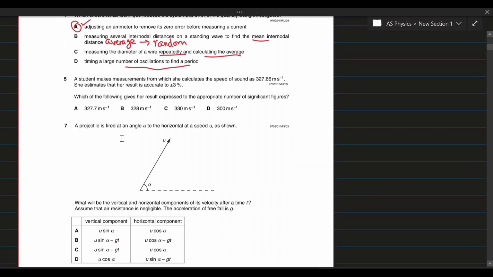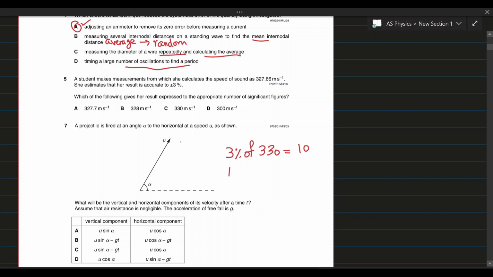A student makes measurements from which she calculates the speed of sound. She estimates that her result is accurate to plus minus 3%. Which of the following gives her result expressed to an appropriate number of significant figures? We can say that 3% of 330 is about 10.